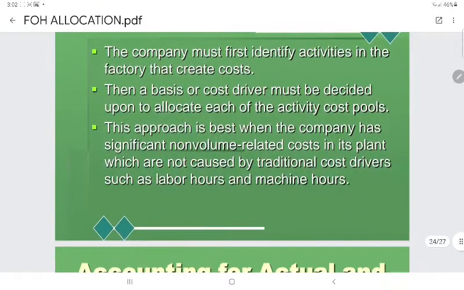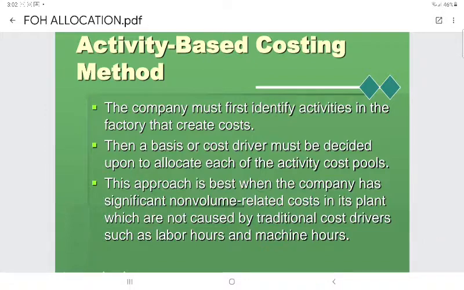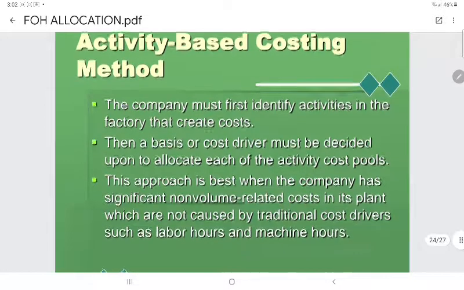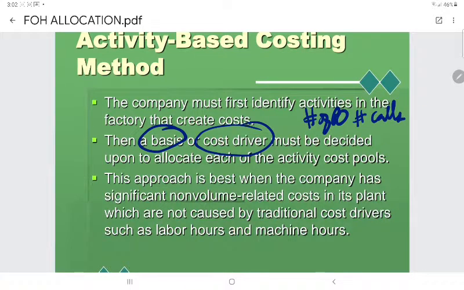Your activity based method, anong gagawin natin? You should know the driver, or you should know the basis. Ano yun? Pwede yung number of purchase order, number of calls, ganun yan, no? At kailan daw ito ginagamit?